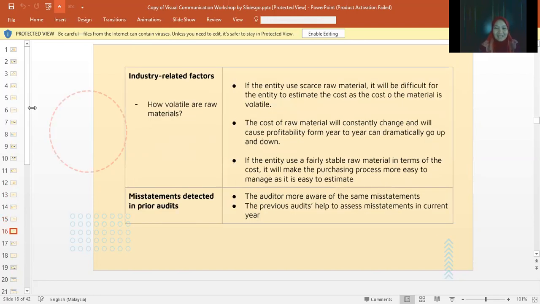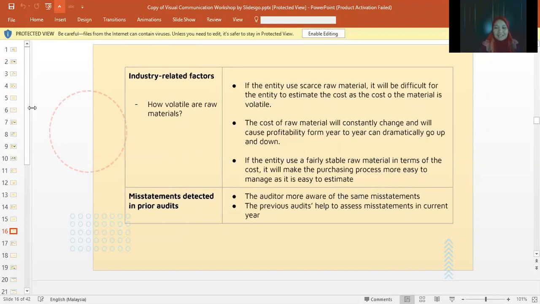The second about industry-related factors is management needs to know how volatile the raw materials are. If the entity uses scarce raw material, it will be difficult for the entity to estimate the cost, as the cost of the material is volatile and will constantly change and cause profitability from year to year to go dramatically up and down.